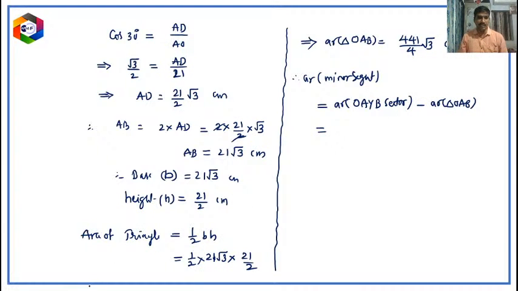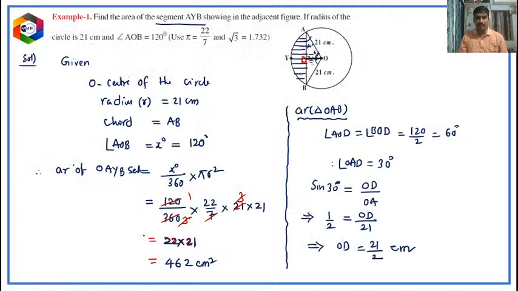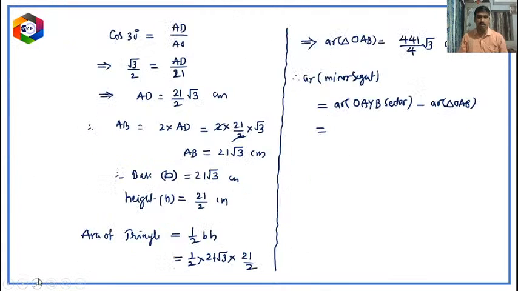Already we know the area of the sector, which we have already calculated. This is 462. So 462 minus the area of the triangle, which is 441 by 4 root 3.